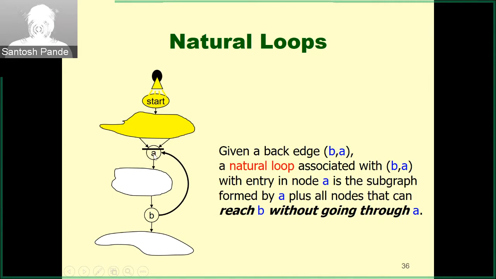Typically, in a given loop, there is also something called a pre-header, which is right before this A, and in that there is some loop initialization or iteration code, which we had seen in this example when we did the basic block generation some time back.